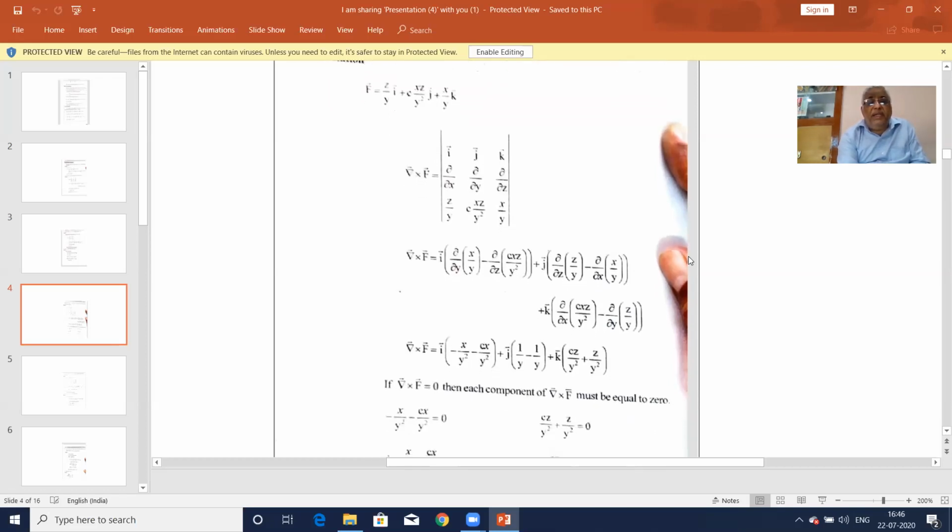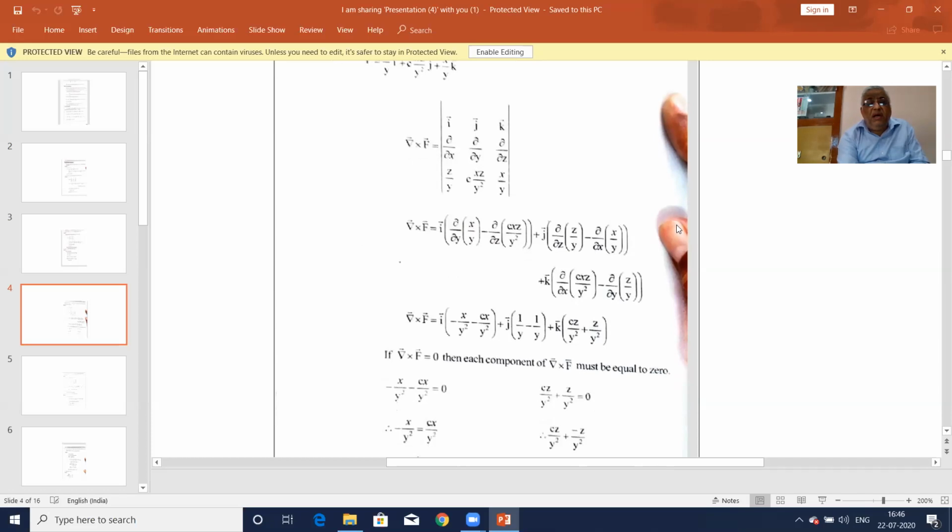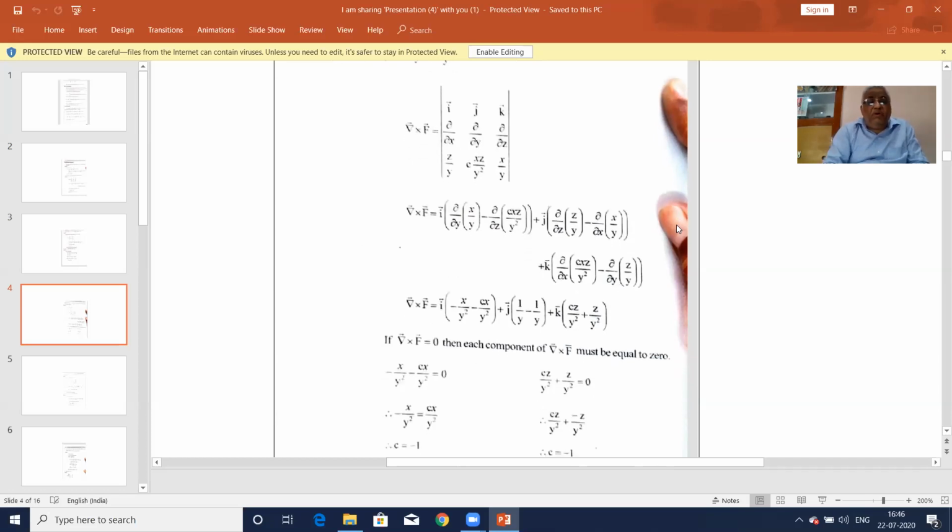Curl of F becomes, if you solve the determinant, i into (minus x by y² minus cx by y²) plus j into (1 by y minus 1 by y) plus k into (cz by y² plus z by y²).